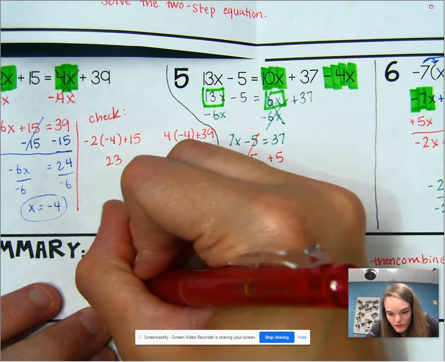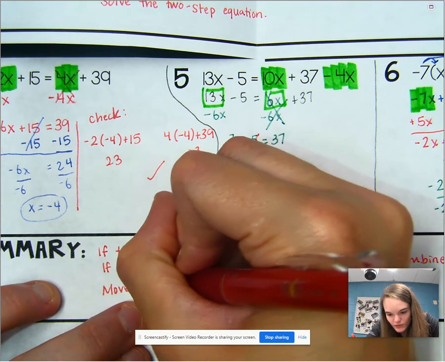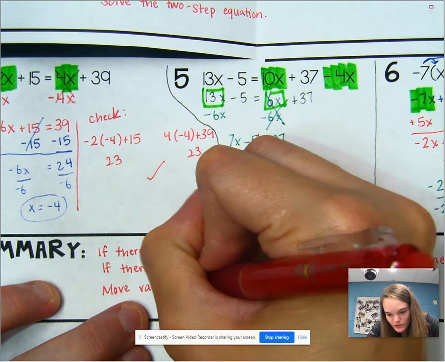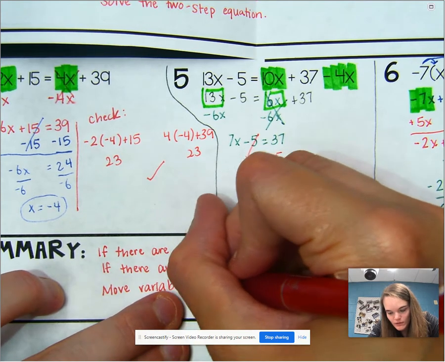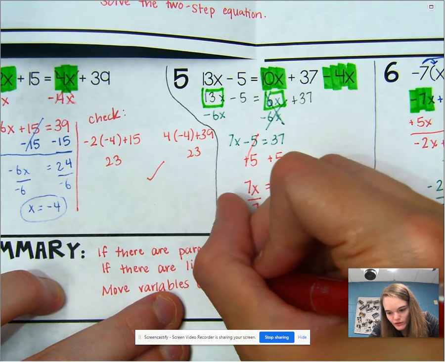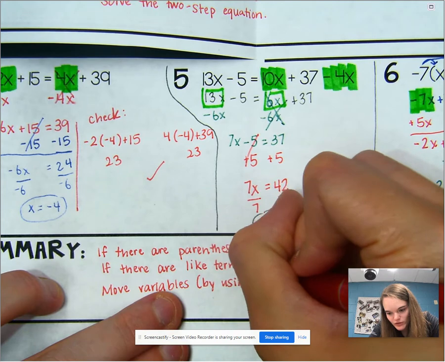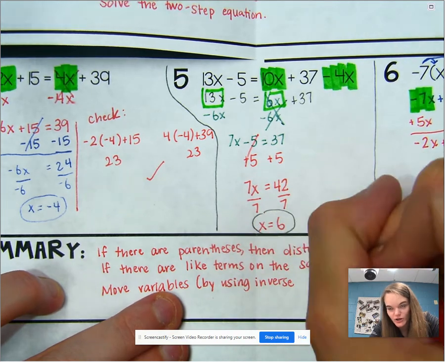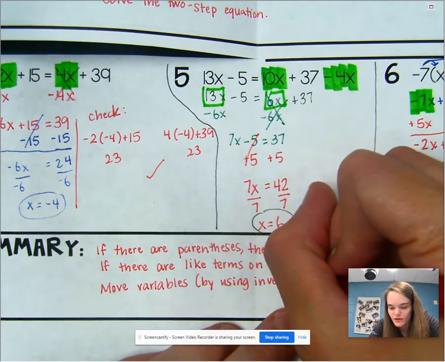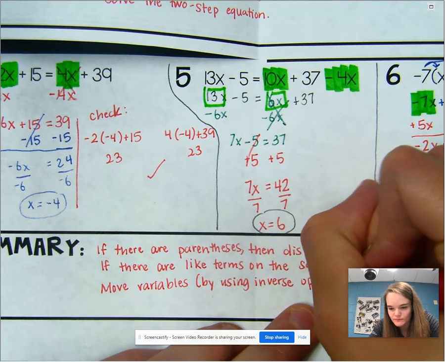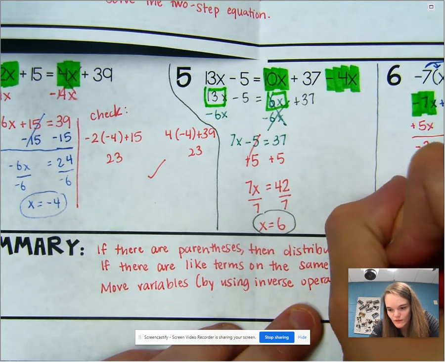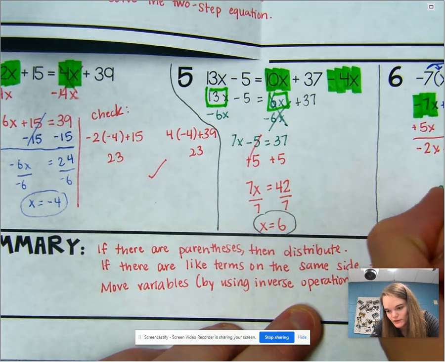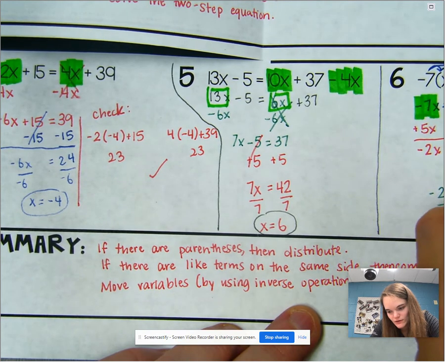Move variables by using inverse operations, like add, subtract, multiply, divide, to the left side.